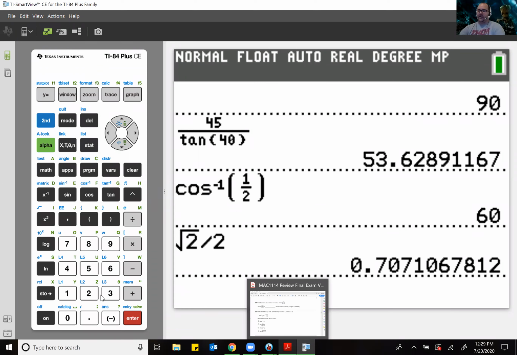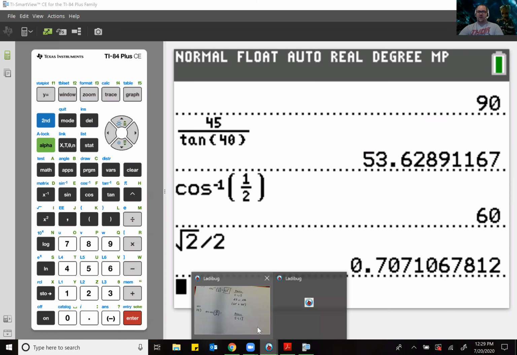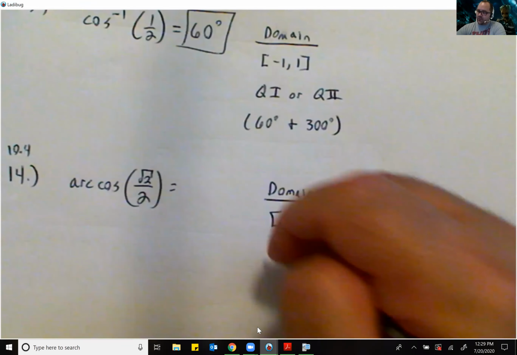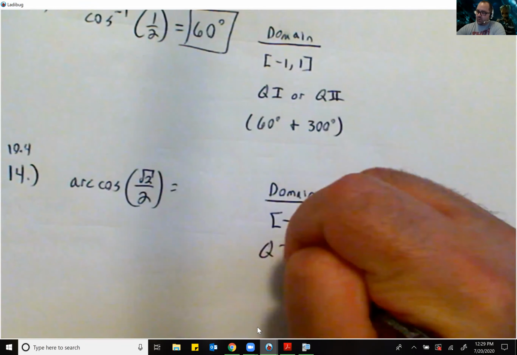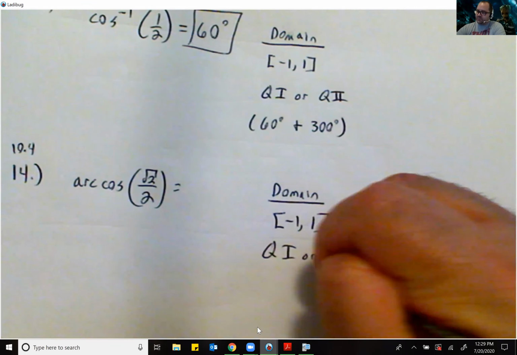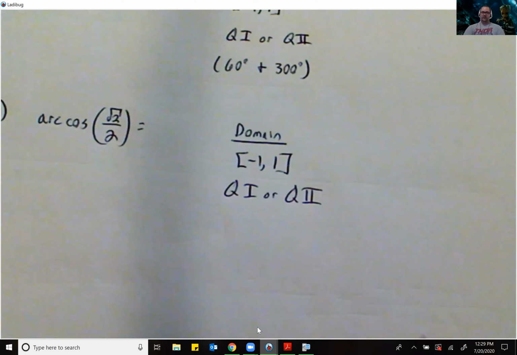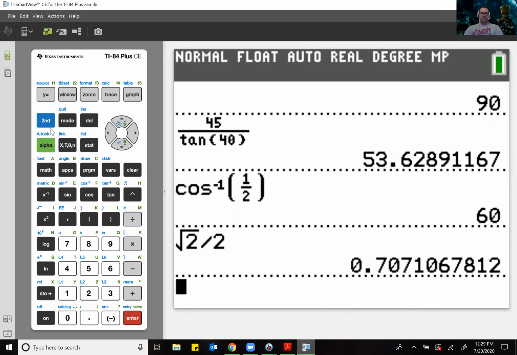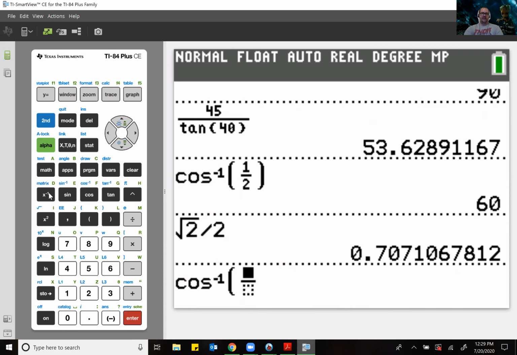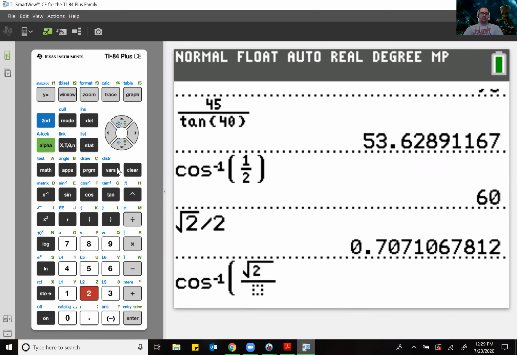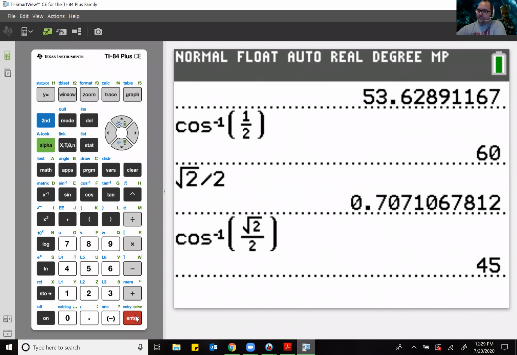Okay? And again, our answer must be in quadrant 1 or quadrant 2. Okay? So you just let the calculator do the work. Second cosine, alpha y equals second x squared, put your 2 in there, all over the 2, scroll out to the side, boom. All right.